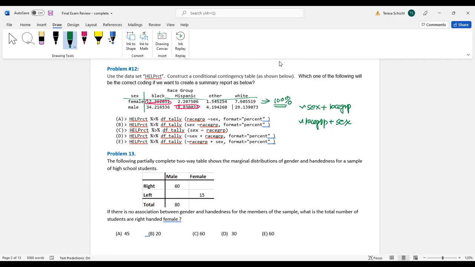So be careful here. The one you put in the front will be your first column. That's how the contingency table works. So the answer here is this one.